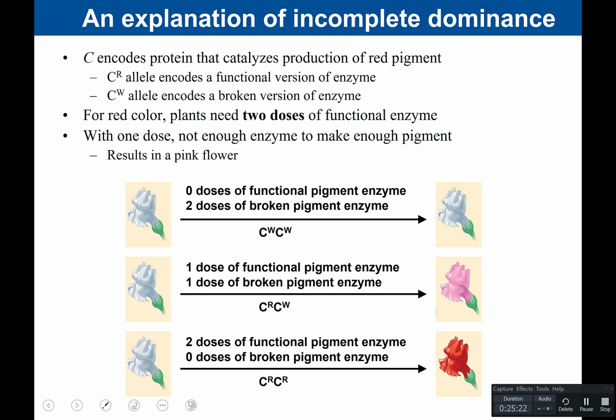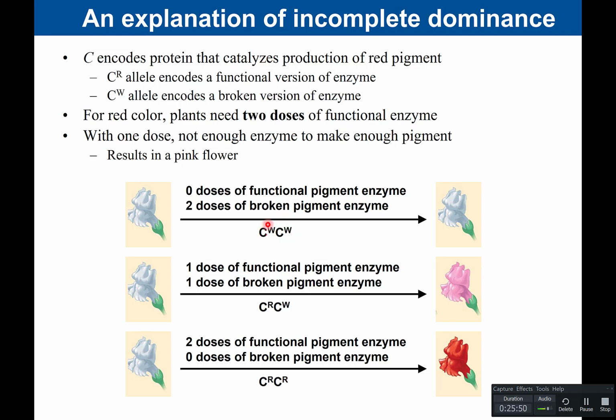It's mutated and the enzyme doesn't work, so it does not produce red pigment. For red color, plants need 2 doses of the functional enzyme. With 1 dose, not enough enzyme is made to produce enough pigment, and so instead it results in pink flowers. They make some pigment, but not enough to make them red.